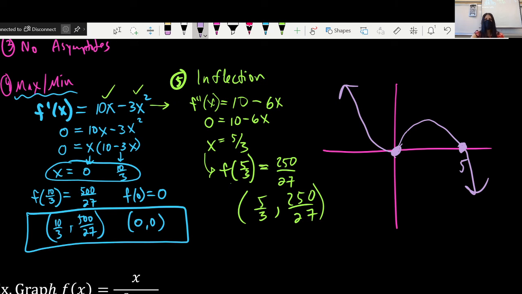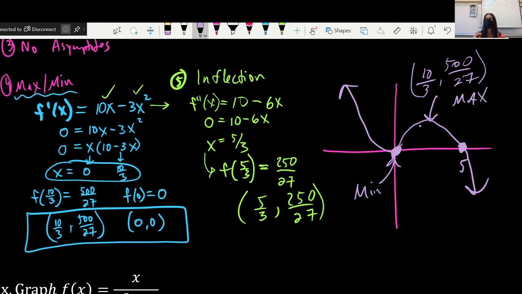So in order to check to see what is going on either side, we would test values as we have been, right? So 0, 0 at this point would be our min, and 10 over 3 and 500 over 27 would be our maximum point up there. Whoops, I should have just written max.